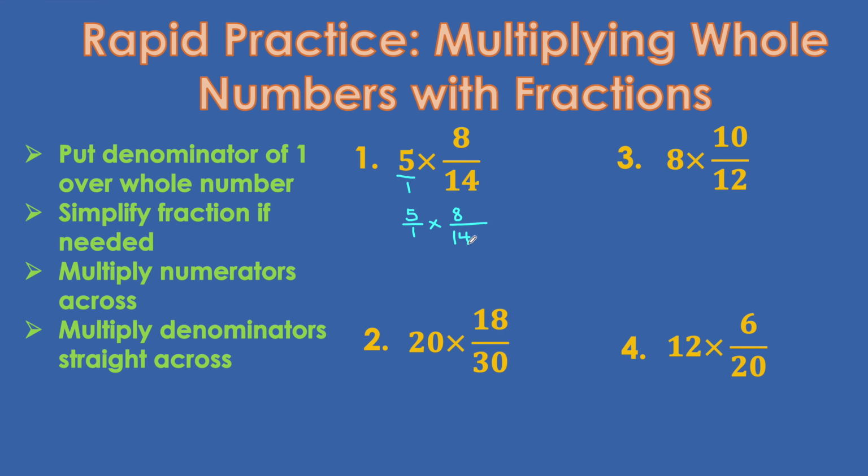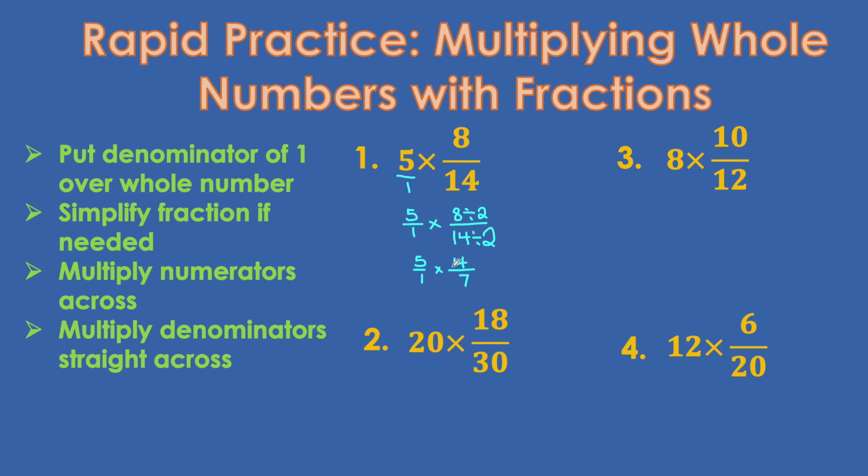Divide by the greatest common factor between 8 and 14, which would be 2. And we get 5 over 1 times 8 divided by 2 is 4. 14 divided by 2 is 7.